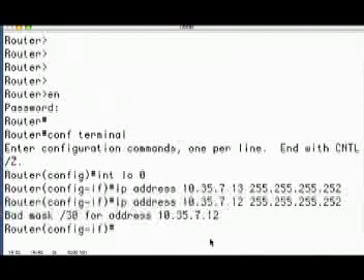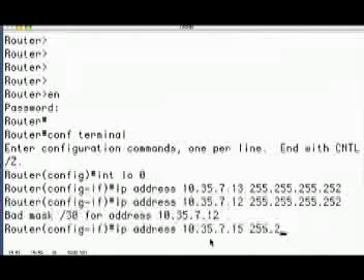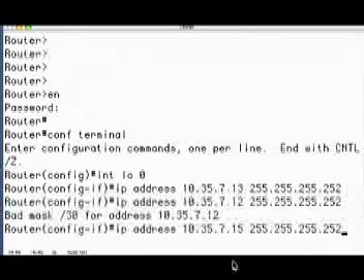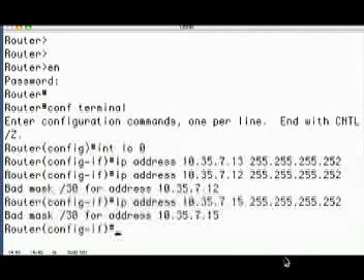So the router knows that that's a bad address. It can't configure it, so it didn't configure it, and it prints out an error message. Let's try ip address 10.35.7.15 255.255.255.252. This is the broadcast address for the /30, so this is also an invalid IP address. And again, the router prints out the error message. Cool. It didn't accept the bad command.